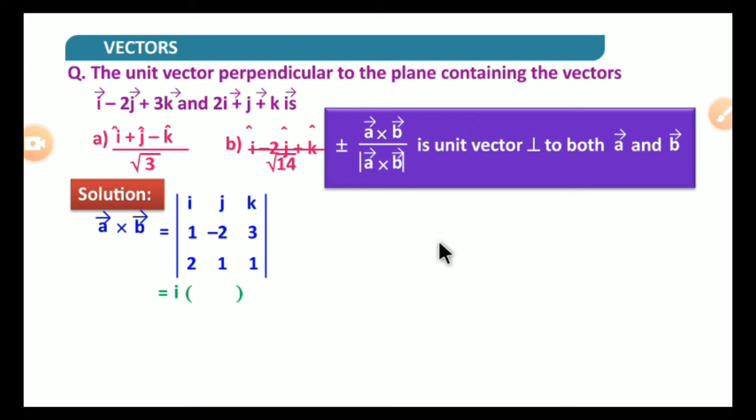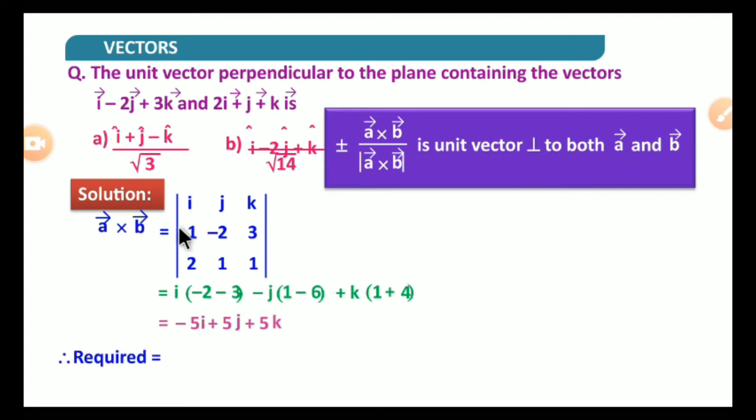So this will be i into the bracket of minus 2 minus 3, minus j into the bracket of 1 minus 2 into 3, which is 6, plus k into the bracket of 1 into 1, that is 1, minus of minus 4, it becomes 1 plus 4. So this will be equal to minus 5i plus 5j plus 5k.